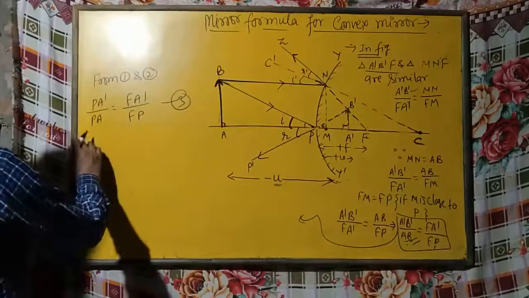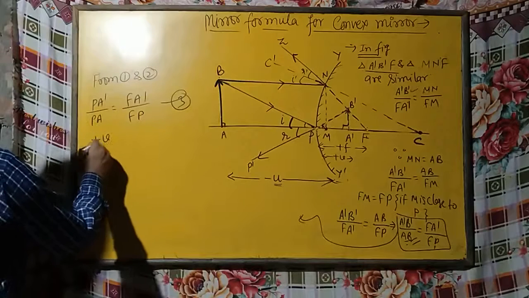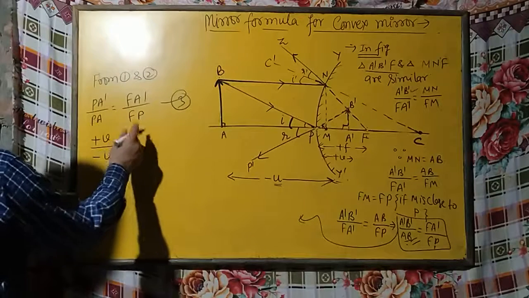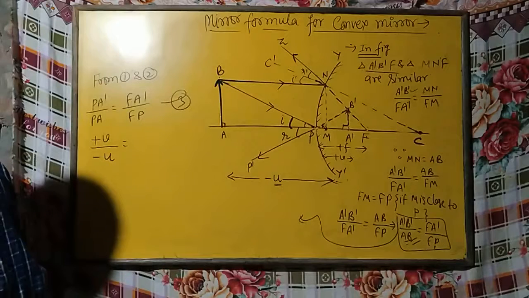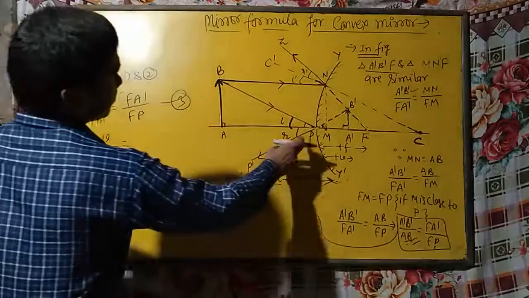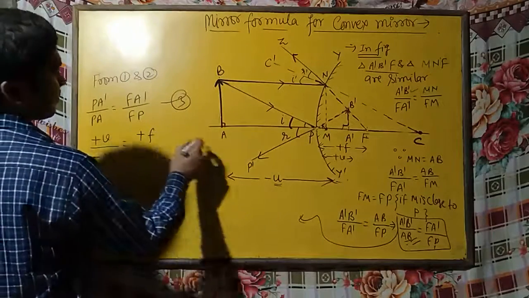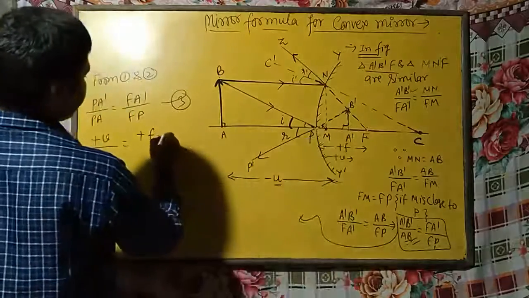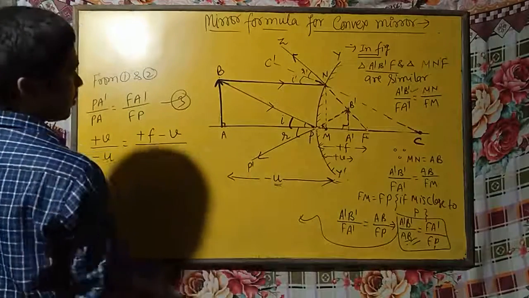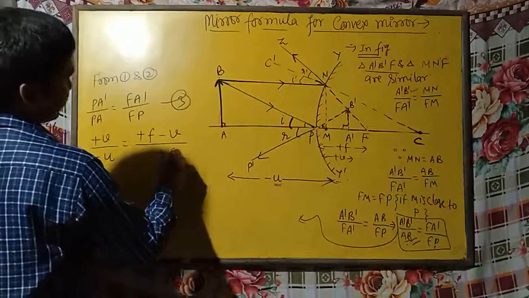So you should note down the value of pa dash is plus v upon minus u is equal to fa dash. Fa dash is pf, that is plus f, minus pa dash means minus v upon fp, that is plus f.